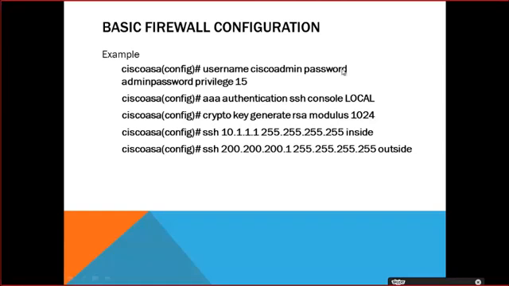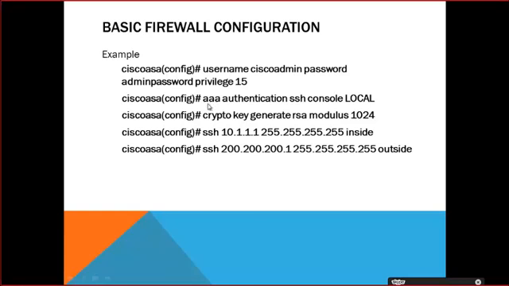Create a username and password: username Cisco admin, password admin password, privilege level 15. Even if you don't give privilege level 15, it is going to be 15 by default. That's the highest, full access.